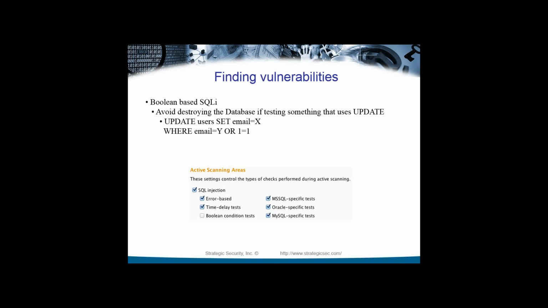Making sure that you don't do things like insert and update. These are big ones on databases. You want to make sure that you don't hurt the database. You want to make sure that you don't run commands against the database that are going to do damage.